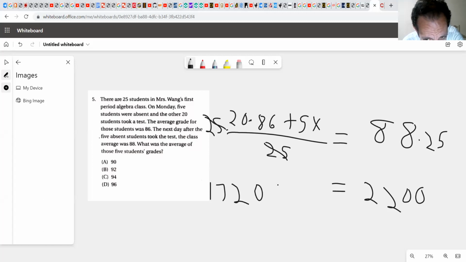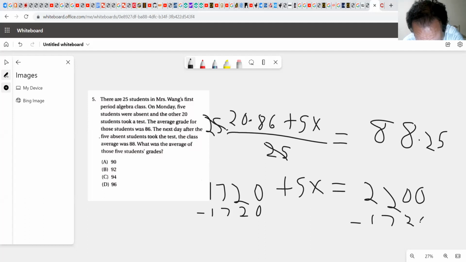plus 5x, and we need to solve this to find x. So minus 1720 on both sides. This cancels out.